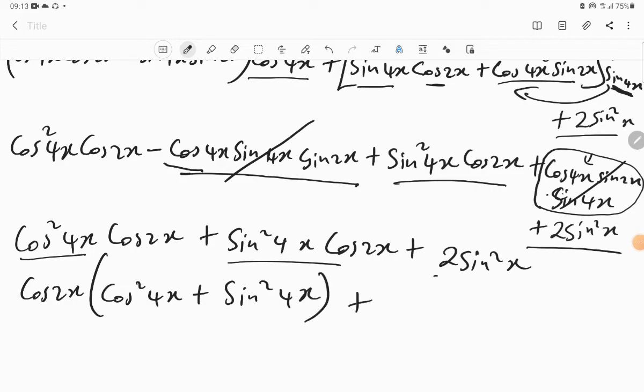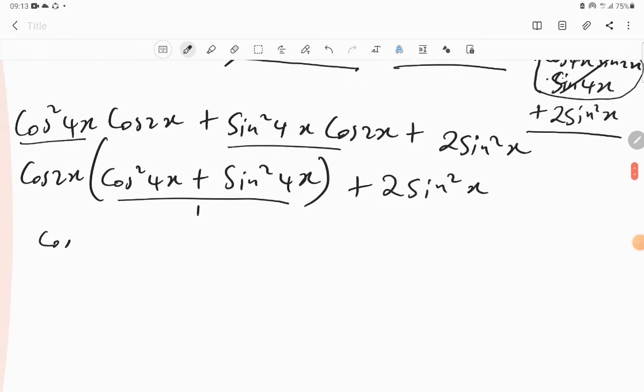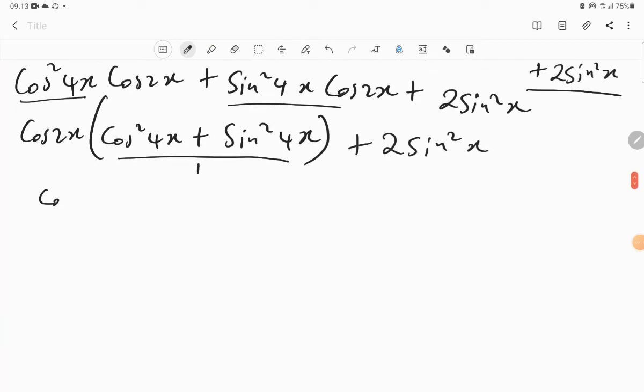Then don't forget to add your constant over there, which is sine x. Because you remember the identity here, this is just equal to 1, which means you just have cos 2x times 1, then plus 2 sine squared x.